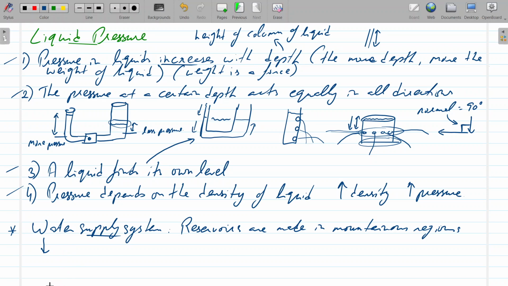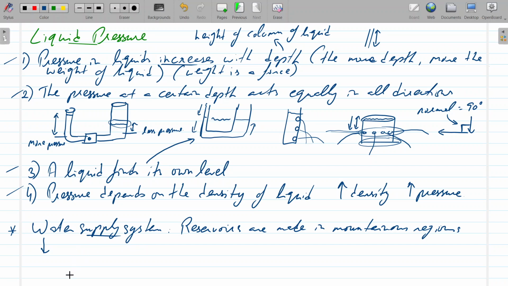So, for example, you're in an apartment building, and you've got the water tank on the roof. The first floor or the ground floor tap will have water with highest pressure. So they'll have a good pressure of water in their taps. The higher up you go in the building, the less pressure it will be. Why? Because the distance between the water supply, the tank or the reservoir of the building, and the tap is less.